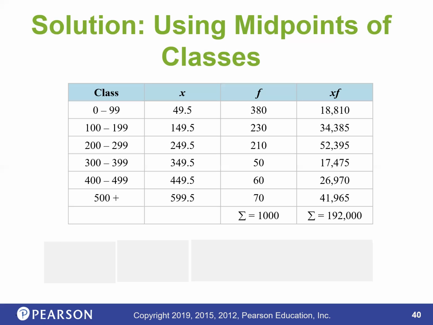Okay, so this is for the mean, this is for the average, right? What notation are we going to use? Are we going to use mu or are we going to use X bar? This is a survey, huh? Did we ask all the adults in America? No, we only asked 1,000. So in this case, X bar would be the summation of X's and the F's multiplied together over 1,000.